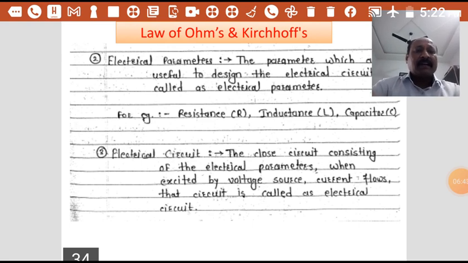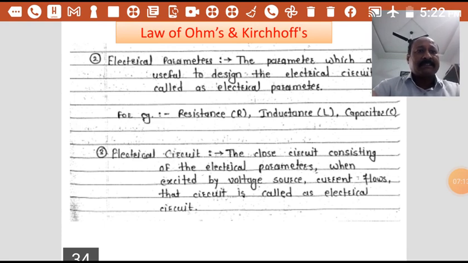In that circuit, resistances as well as the inductances are connected. Sometimes the circuit may be an RC circuit, meaning in that circuit the resistances and capacitances are connected. Sometimes the circuit may be an LC circuit, meaning it consists of inductances and capacitances.